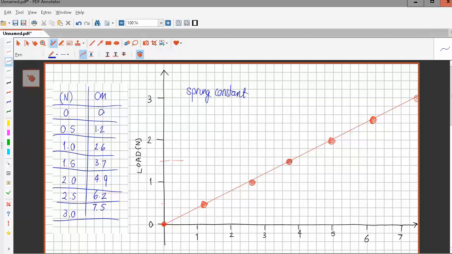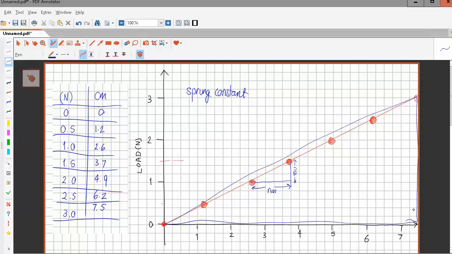If we pick any triangle, the ratio of this side here, which is called the rise, divided by this side, which is called the run, will be the same irrespective of the size of the triangle. So it's best to choose a triangle where it's easy to determine the rise and the run. I think the best triangle is the one that covers all the data points, like so. I'm just sketching the triangle.